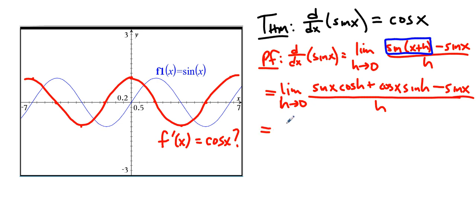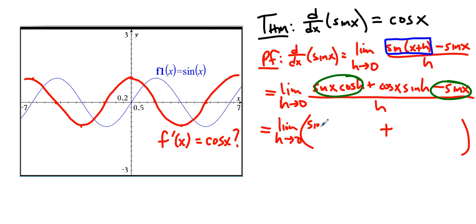So I'm going to do two things at once. I'm going to break this up into two fractions, and I'm going to group these two things together. So over here on the left, I'm going to suck out a sine x, and then what's going to be left is a cosine h minus a 1, all over h.